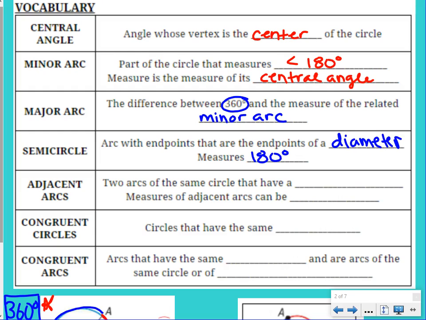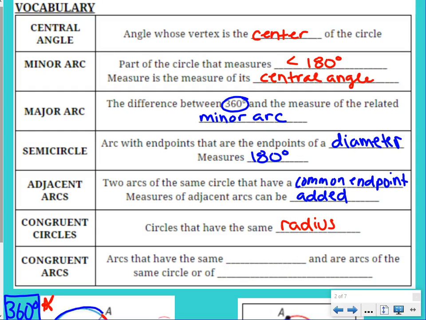Adjacent arcs are two arcs of the same circle that have a common endpoint. The measures of adjacent arcs can be added. You can add the measures of adjacent arcs together. Congruent circles: circles that have the same radius.